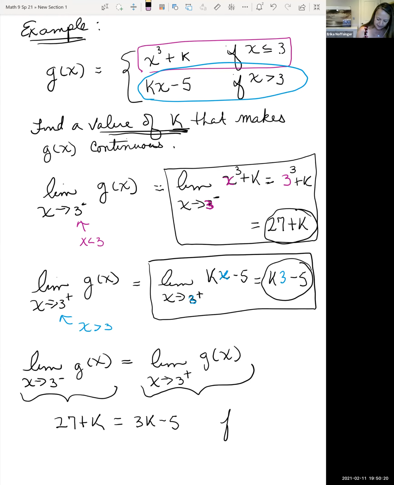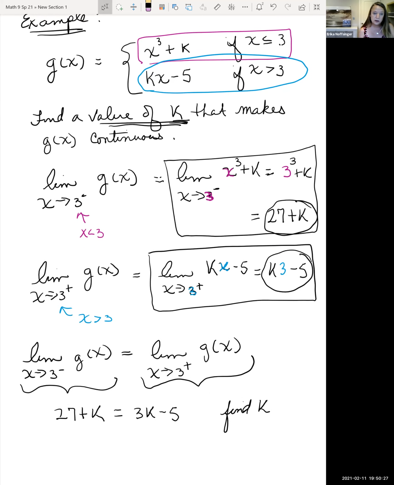So let's find k. It's a linear equation, so we want all the terms with the variables on one side and all the constants on the other side. So let's add 5 to both sides of our equation, and let's subtract k on both sides.